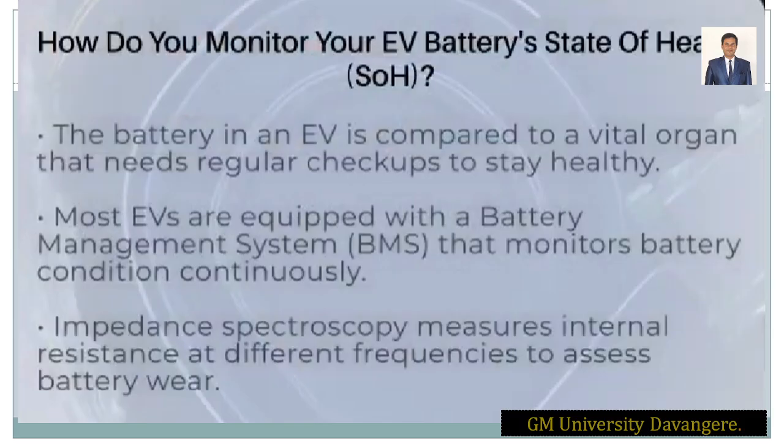So that is how the internal resistance will make a lot of impact on EV batteries for the state of health conditions. So that's why you have to see the various methods, how practically we can think about the RMSE values for making this battery have more SOH. So use AI methods, using AI only.